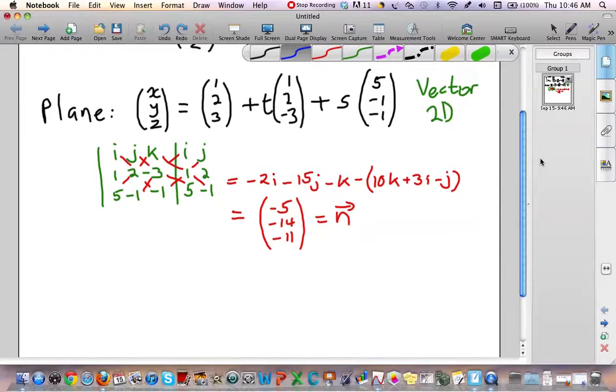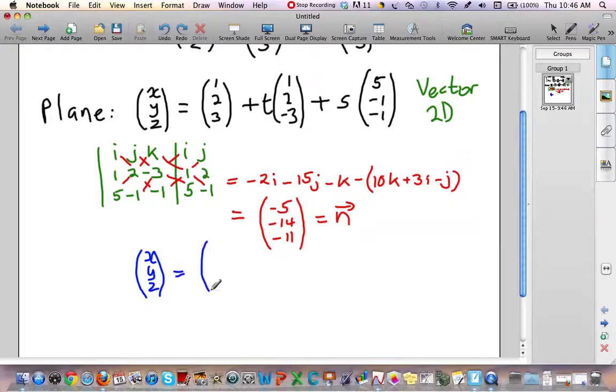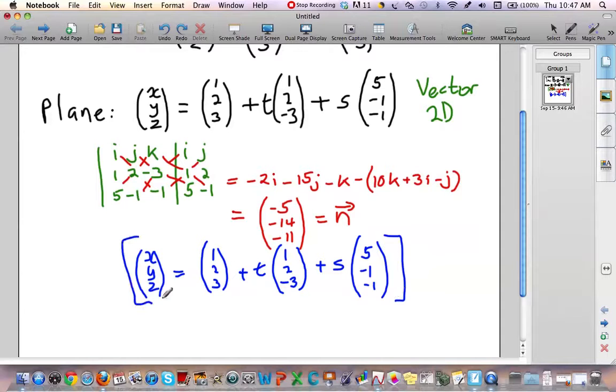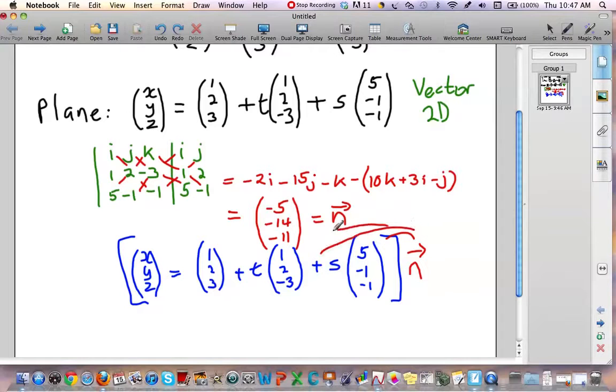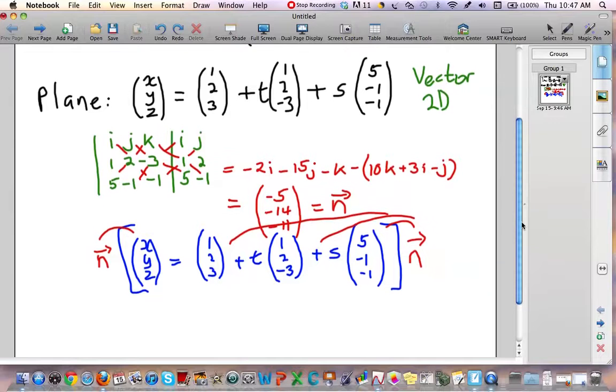So what I'm looking to do is take the equation of my plane in vector form and multiply the entire equation by the normal, which effectively means I'm going to find the dot product of the normal times each of those, and the same thing on the left hand side of the equation, a dot product of the left hand side as well.